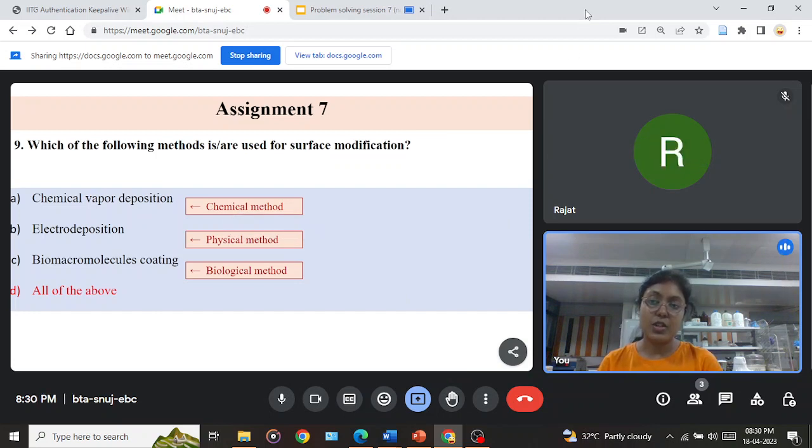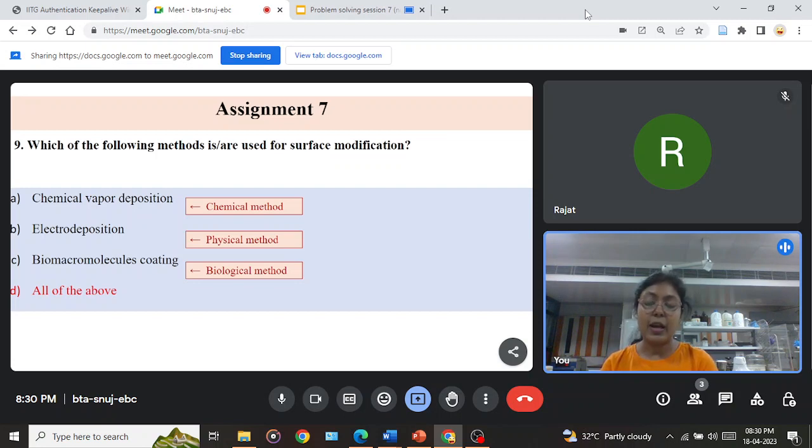Option A, chemical vapor deposition, is a chemical method, whereas option B, electrodeposition, is a physical method of surface modification, whereas option C, biomacromolecules coating, is a biological method for surface modification.